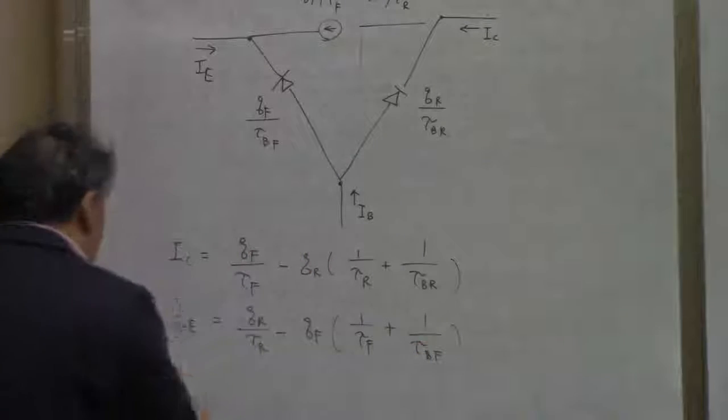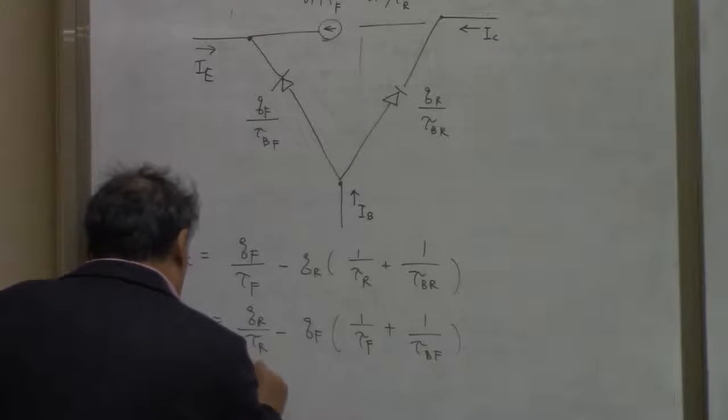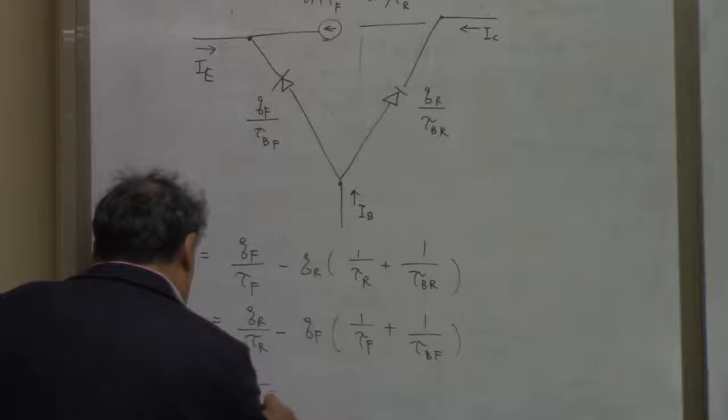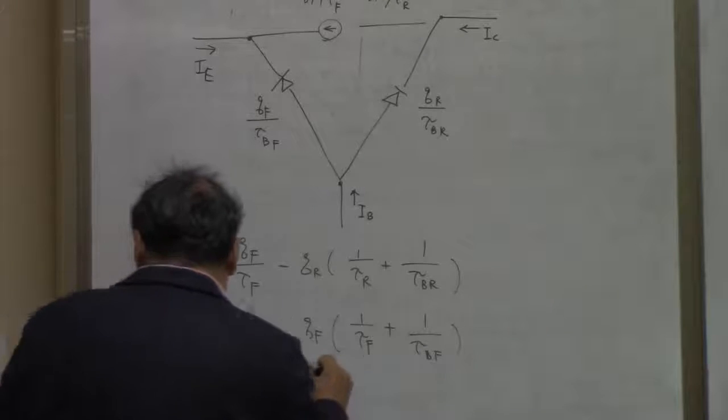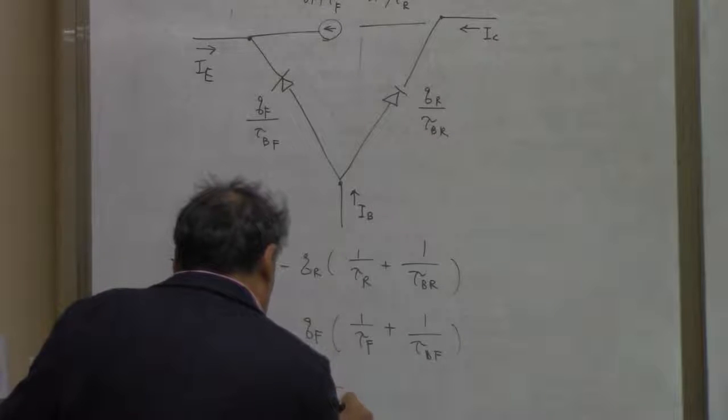Okay? And IB is QF over tau BF plus QR over tau BR.